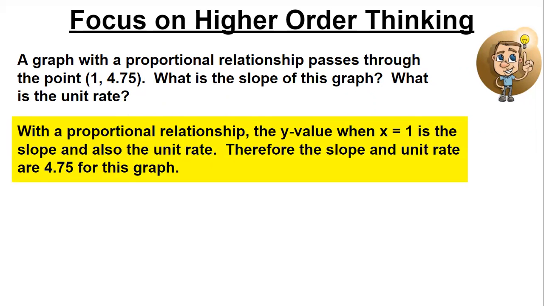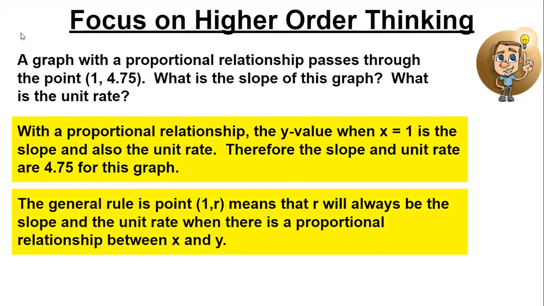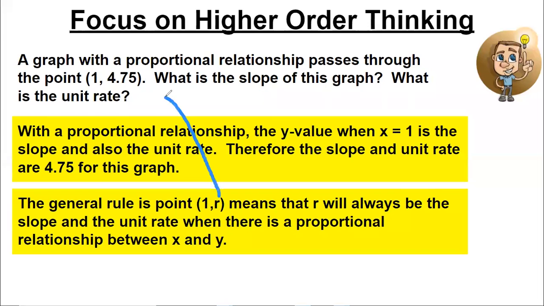Couldn't get much easier than that, right? The general rule is 1, comma, r, r being whatever number you put in for the proportional relationship here, means that r will always be the slope and the unit rate when there is a proportional relationship between x and y.